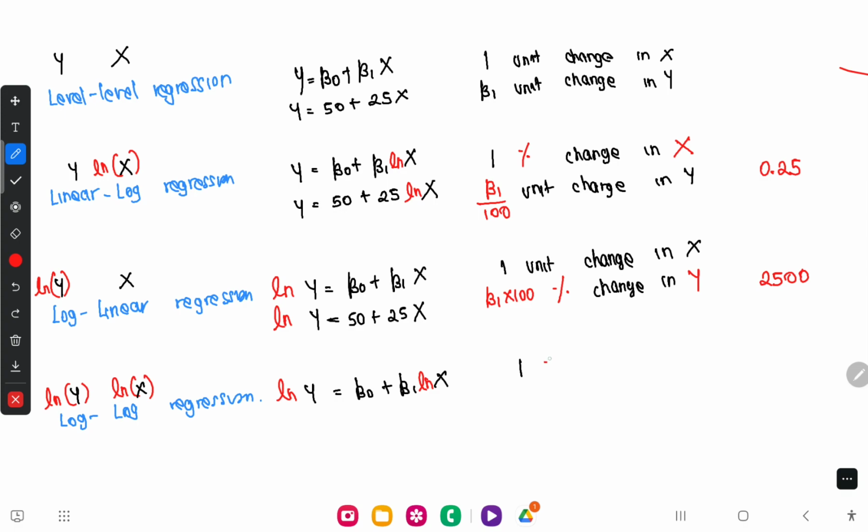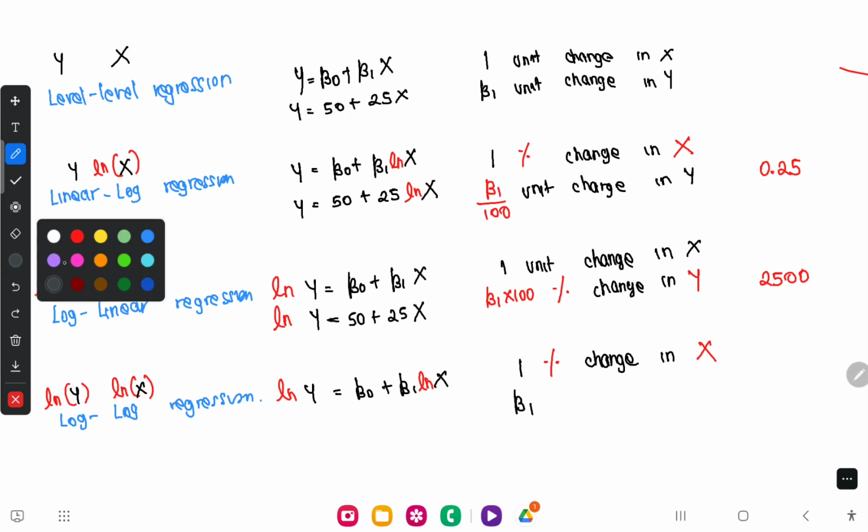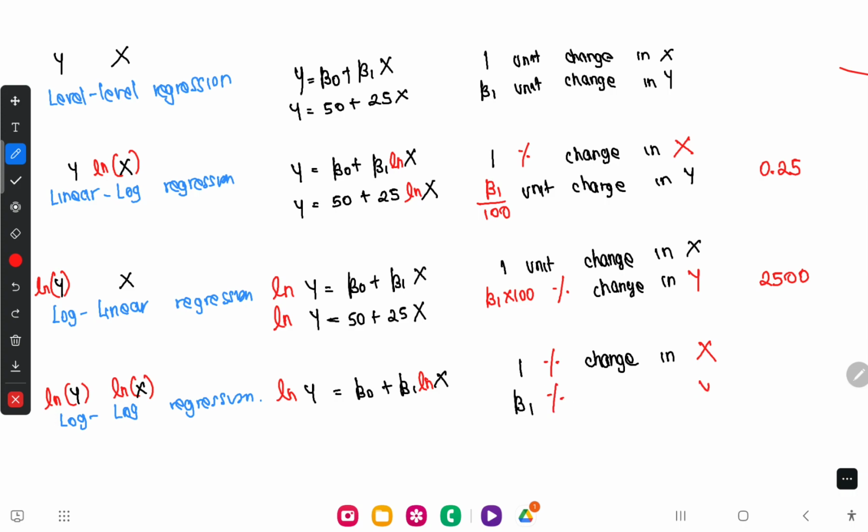Percentage change, that's good. Why? Because we are applying log to x. A 1% change in x is going to create a beta 1, again percentage change in y.